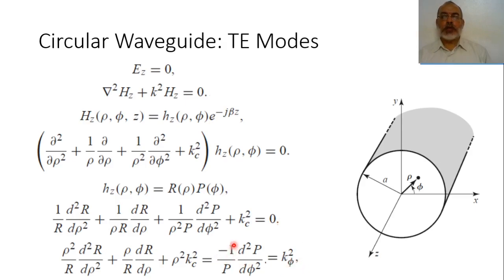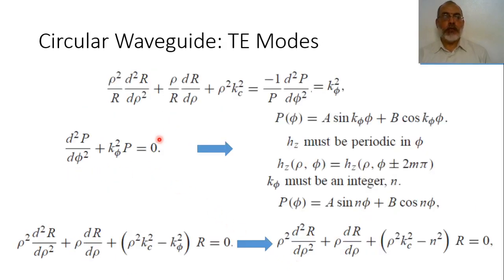So minus 1 over B partial squared B by partial phi squared equals k phi squared. Or in other words, partial squared B by partial phi squared plus k phi squared B equals 0.